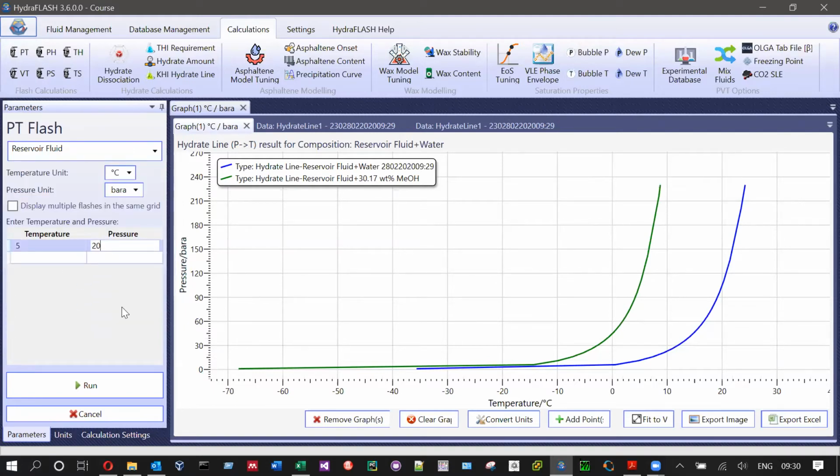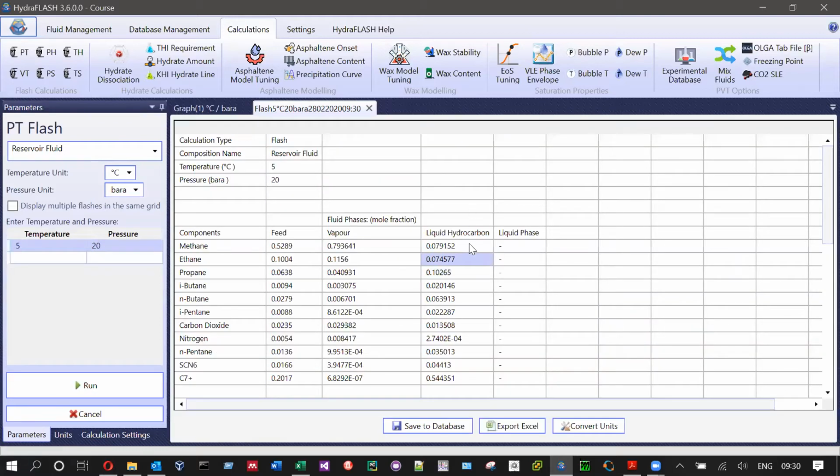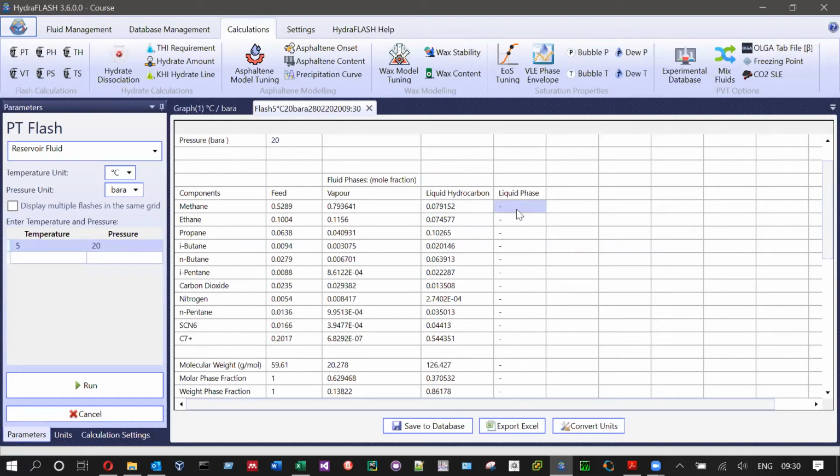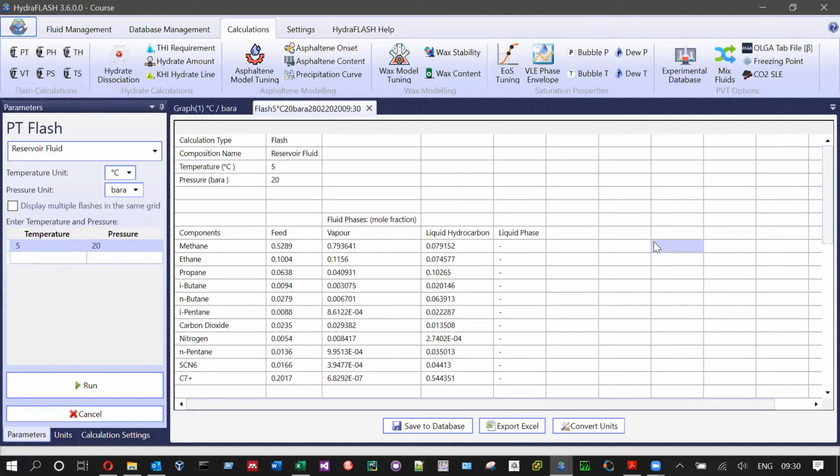And then we check whether this condition is inside the hydrate stability zone or not. Obviously, that will also change the fluid composition, and that's what we are doing at the moment.